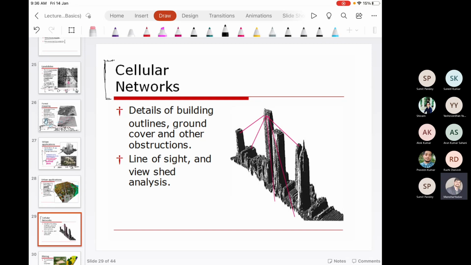Here the LiDAR based 3D point cloud model of the city will assist in finalizing the optimal location where the tower should be installed to cover the maximum area. There will be a requirement of building outlines, ground cover, and various other abstractions. That information we already collect in the LiDAR point cloud data. So there will be analysis based on line of sight, viewshed analysis, etc.